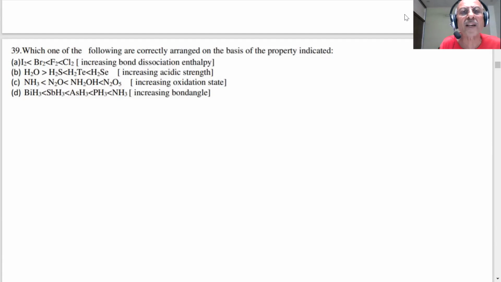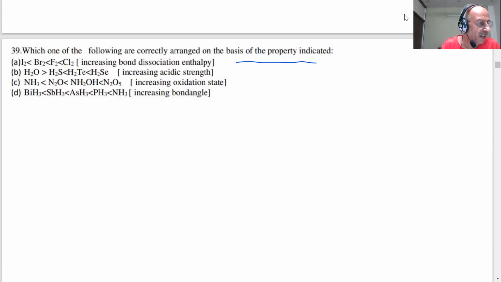Which one of the following are correctly arranged on the basis of the property indicated? Here you see in this question, the first one is increasing bond dissociation enthalpy.